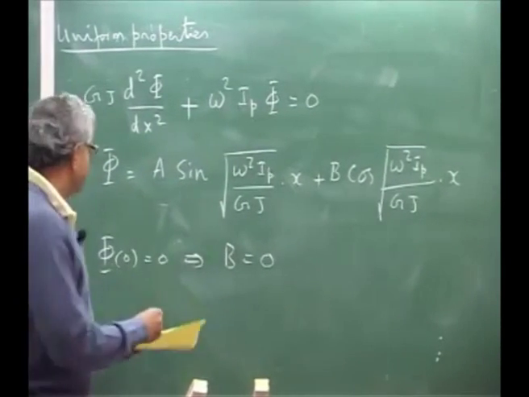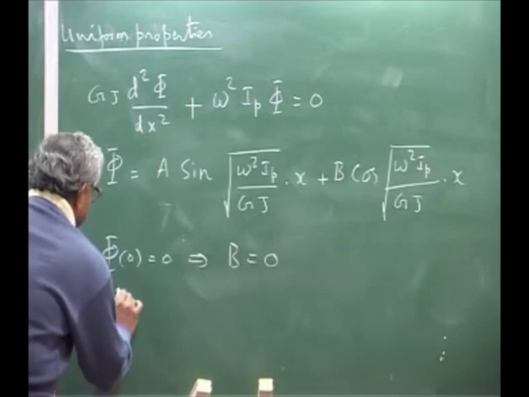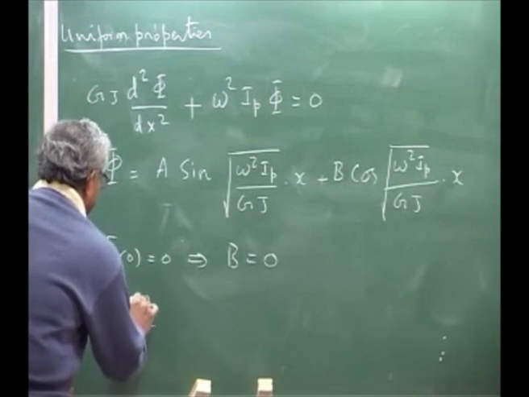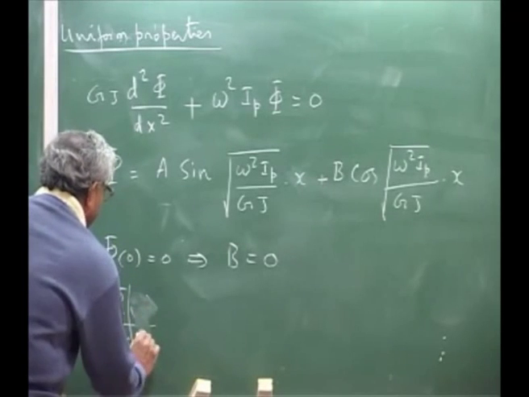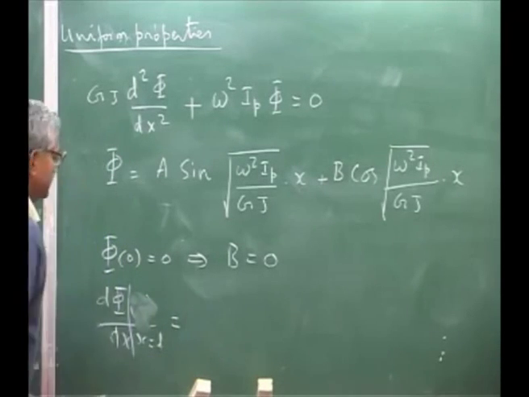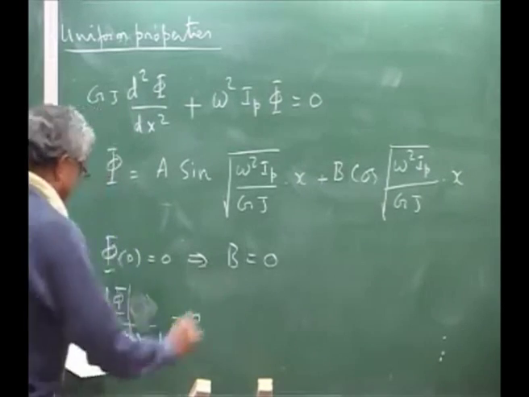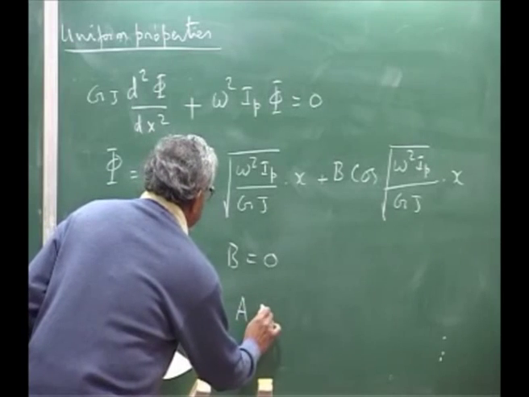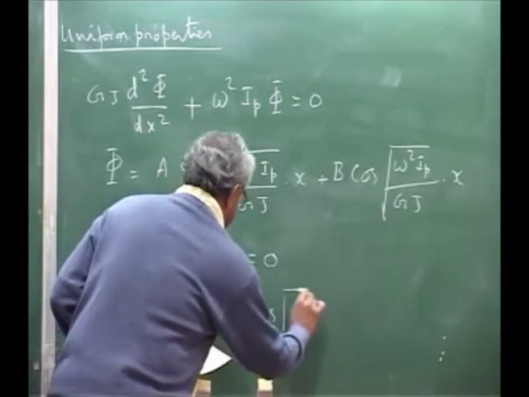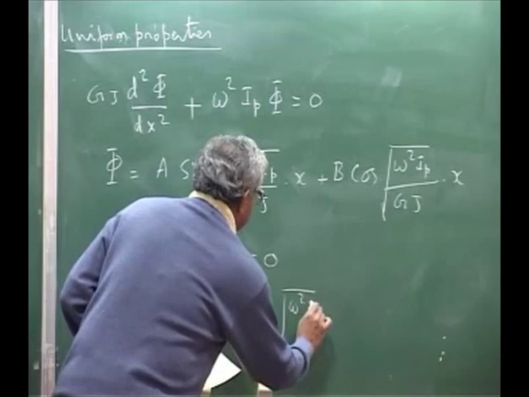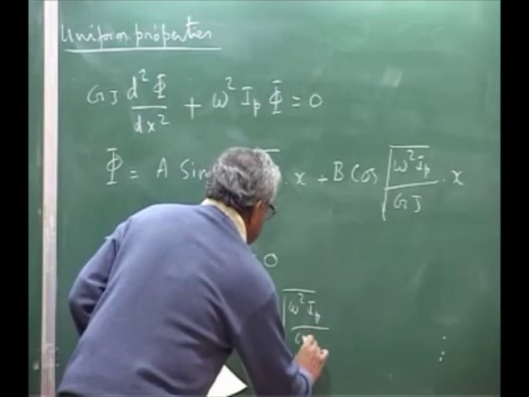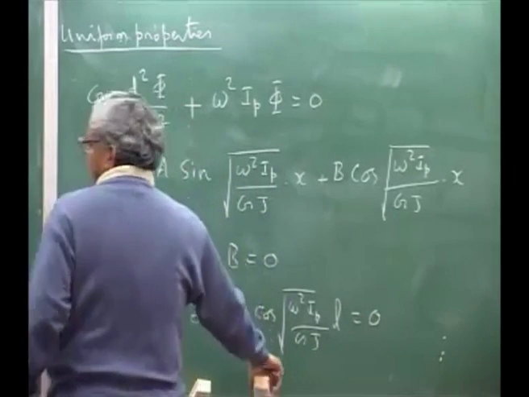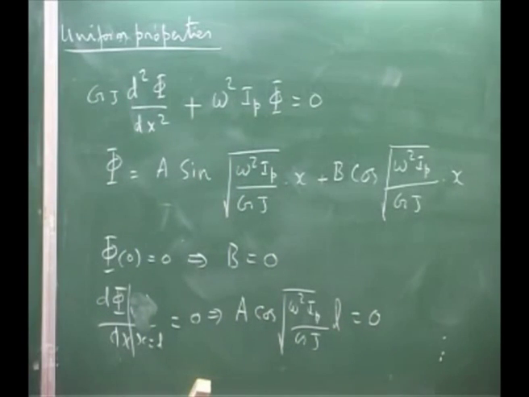So a cosine of square root of ω² Ip over GJ times L equals 0. That is my equation.